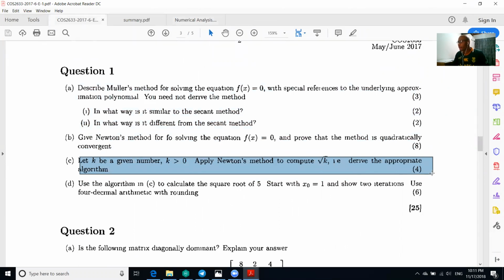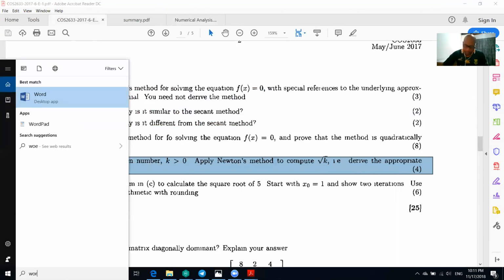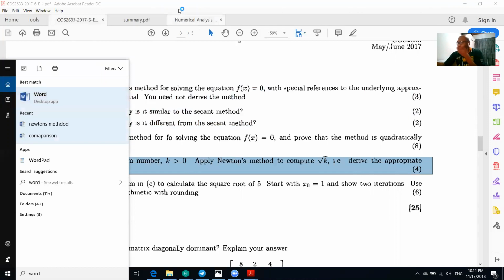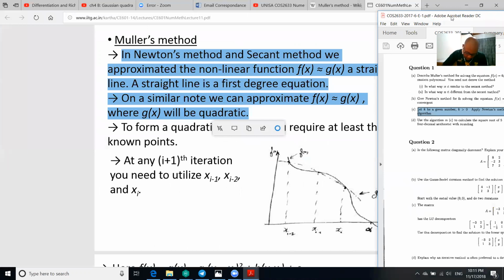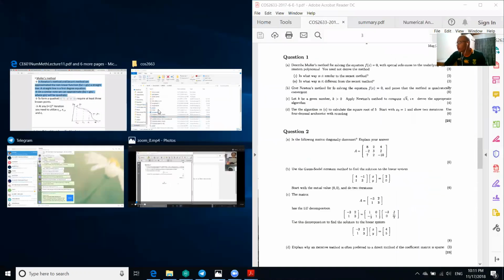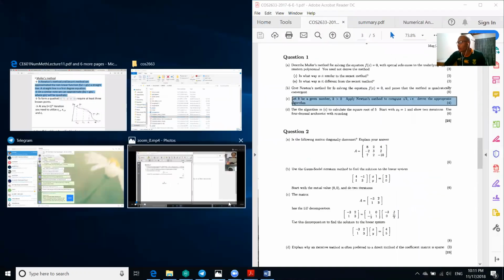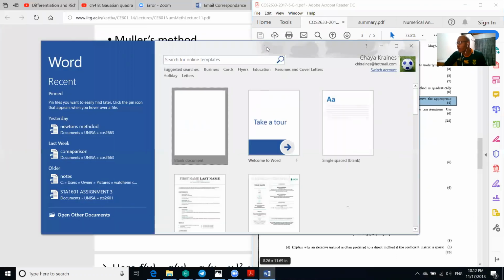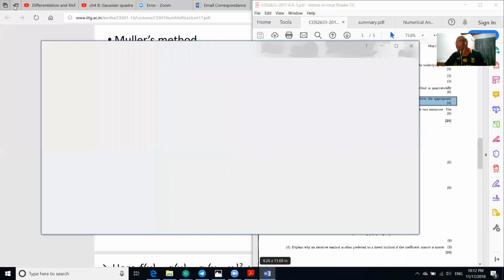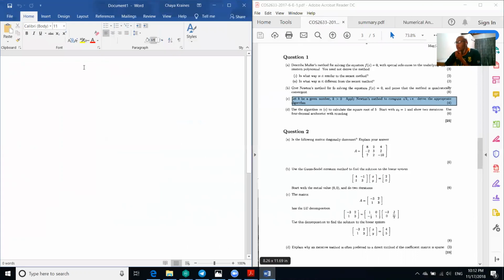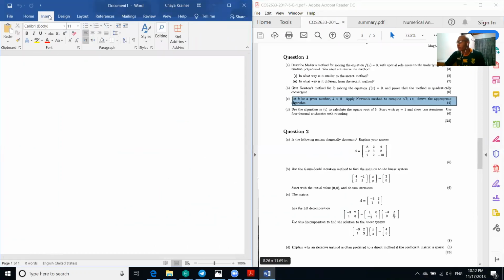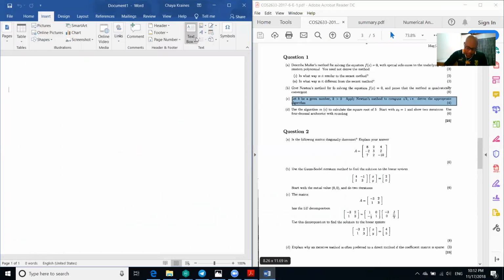So we know that, let me open up Word. I hope this won't take so long if I type it out, but it's better if I type it out because when I do it by hand, it's messy.